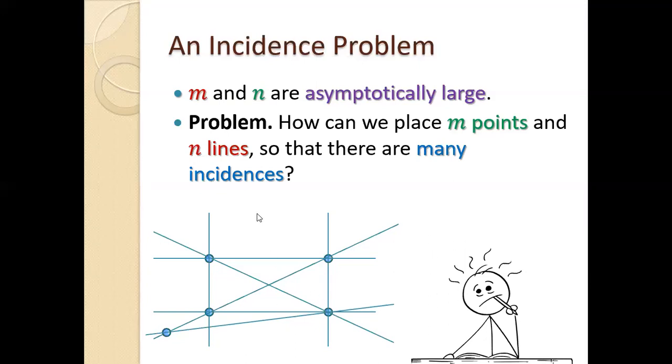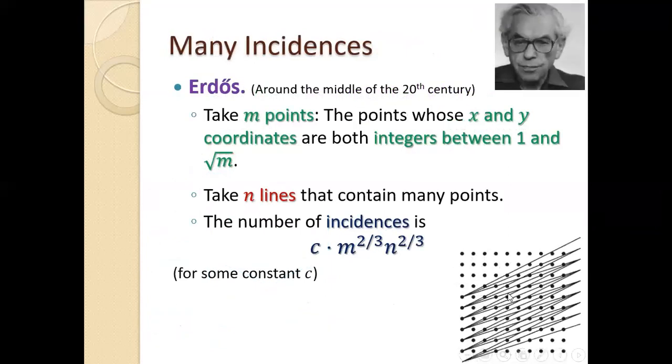Okay, so let me give you an example. Let's use a lattice. What do I mean by a lattice? Something that looks like the picture here. Ignore the lines for now, just the points. I wrote it also in text here.